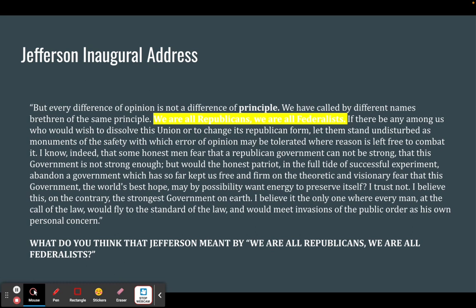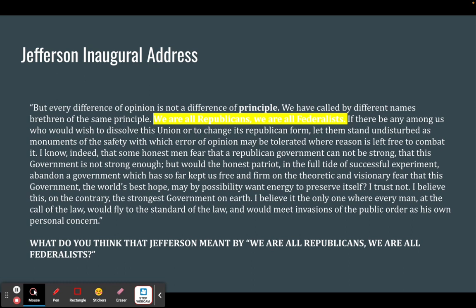But every difference of opinion is not a difference of principle. We have called by different names brethren of the same principle. We are all Republicans. We are all Federalists. If there be any among us who would wish to dissolve this union or to change its Republican form, let them stand undisturbed as monuments of the safety with which error of opinion may be tolerated, where reason is left free to combat it. I know indeed that some honest men fear that a Republican government cannot be strong, that this government is not strong enough.